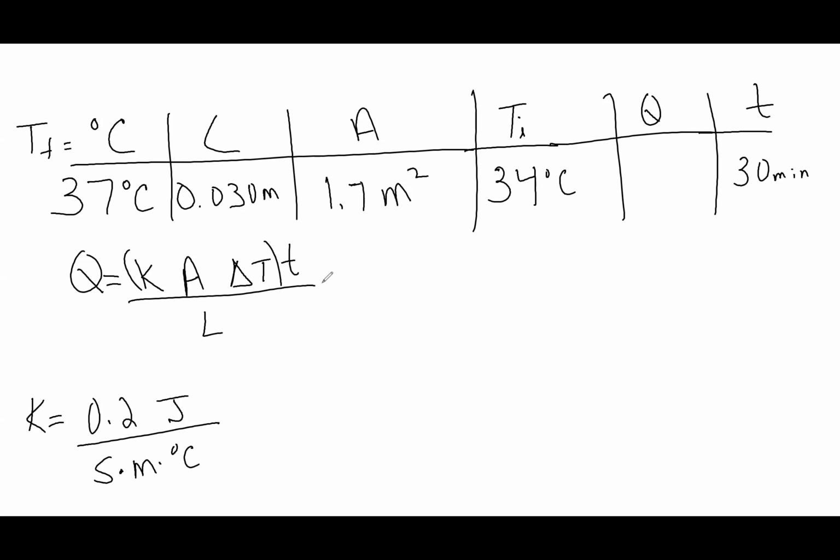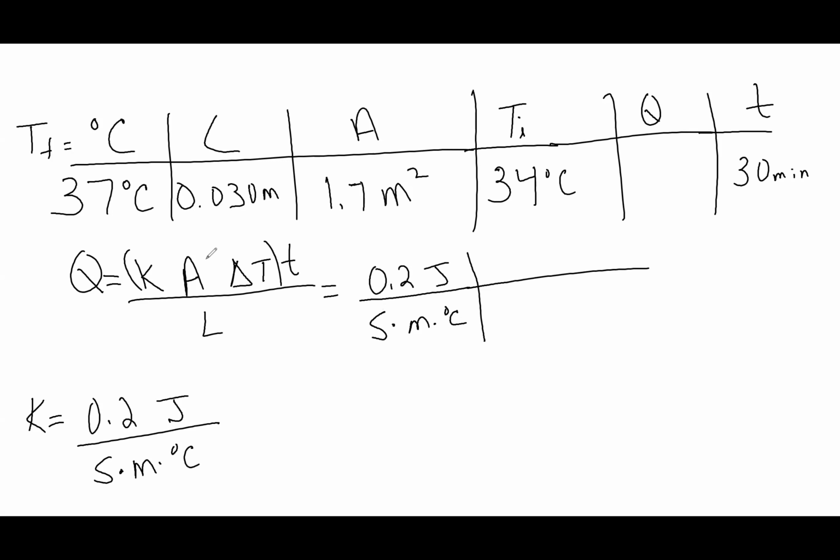So now I can plug everything in. Okay, so what is k? 0.2 joules per second meter degree Celsius, times the area.